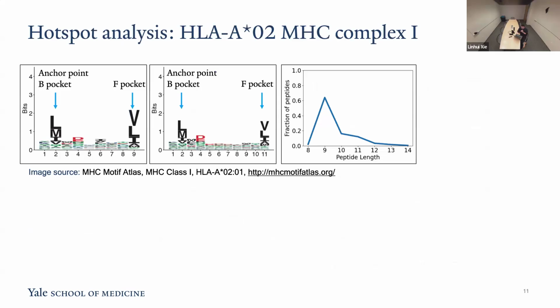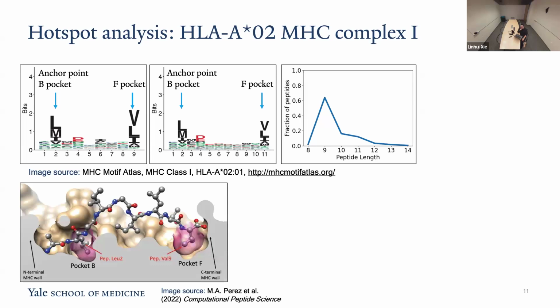So the initial step in our analysis is how we can add constraints to our complex. Here I bring an example. This is the allele type A02 from the peptide-MHC class 1 complex. For this hotspot analysis, I would say the anchor point analysis, you will see that the second amino acid is located predominantly in the B pocket, and the last amino acid is predominantly located in the F pocket.